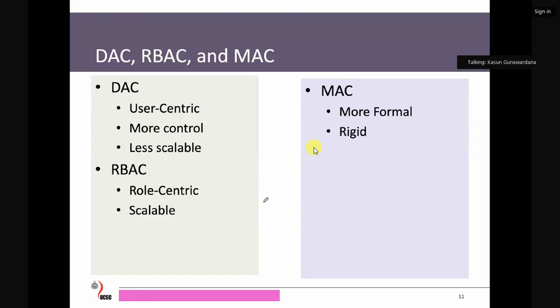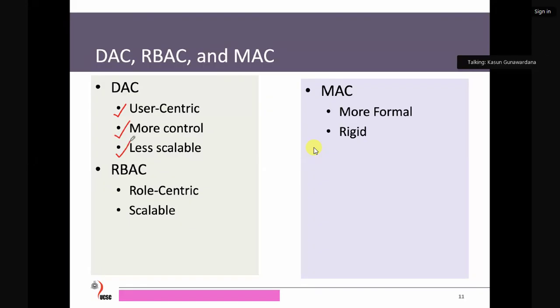So DAC, RBAC and MAC, how shall we compare them? DAC is user-centric. Owners have full control, and DAC is more flexible, but less scalable because of this.